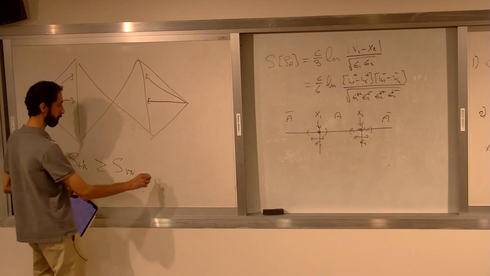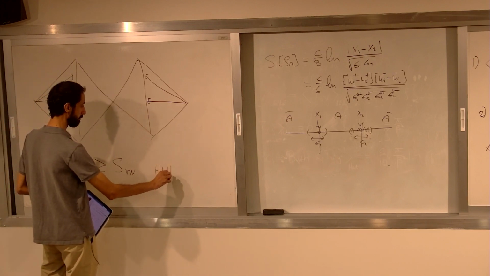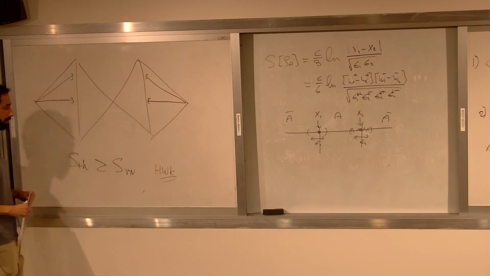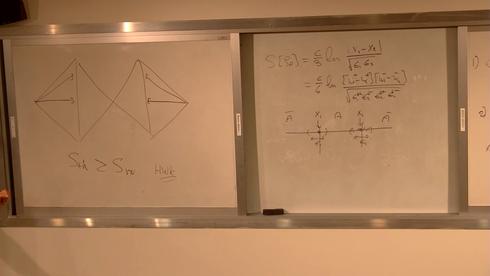Let me give it as homework. It's actually pretty simple. It's just a constraint problem. You have some density matrix with some eigenvalues that sum to one, and you're trying to extremize it, or maximize it in this case.